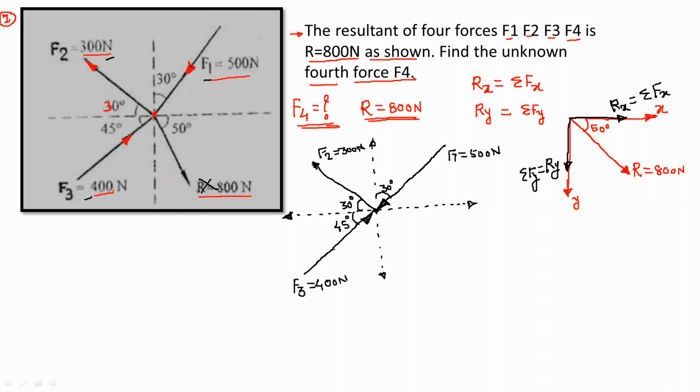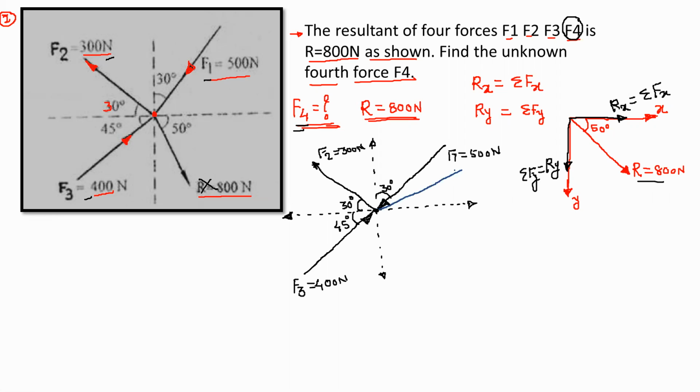But we don't know the location of the force F4 as it is not shown in the figure. But in this statement, it is given there are 4 forces, and out of those 4 forces, F4 is the unknown force, so that the resultant of all these 4 forces is equal to R. So we will assume the location of the unknown force in the first quadrant. So let us take F4, which is the unknown force.